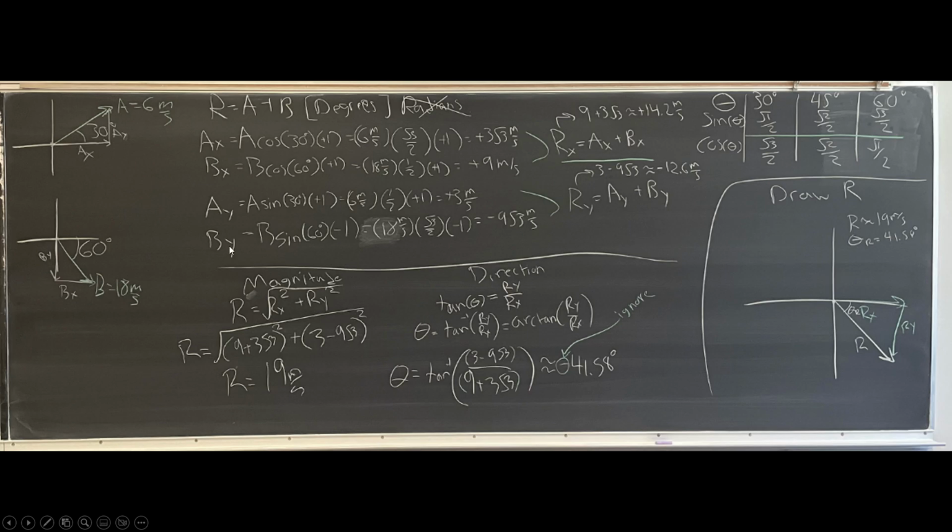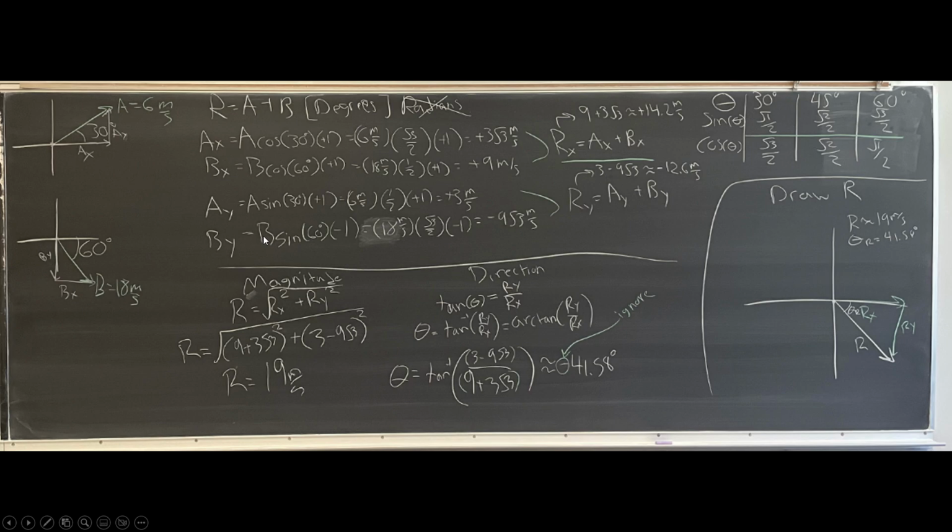For AY and BY, our trig function is going to be sine for our Y component. So AY will equal A times sine of 30 degrees times positive 1, because AY is pointed up. That becomes 6 times 1/2 times positive 1, which equals positive 3 meters per second.